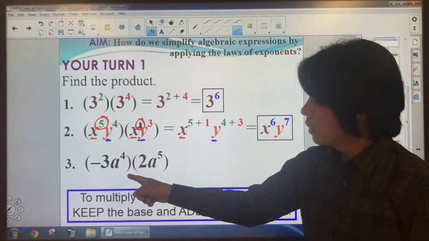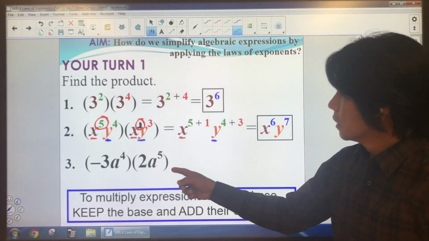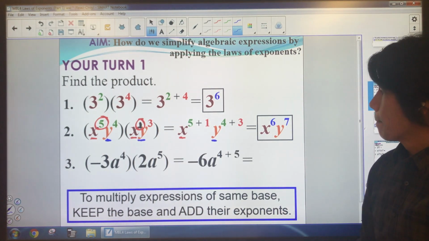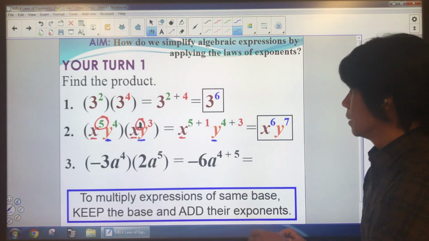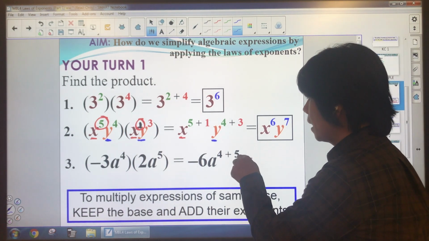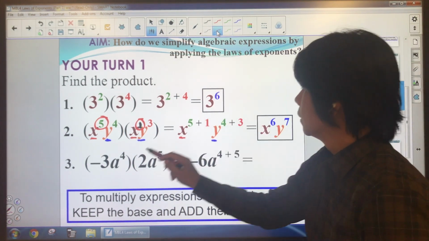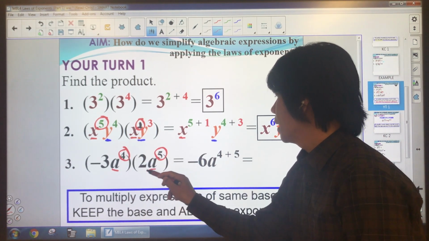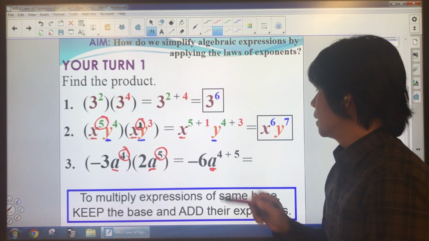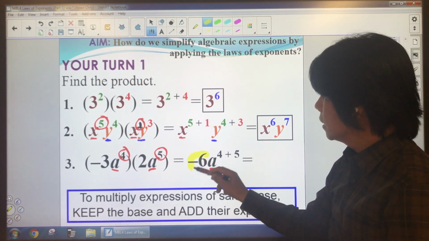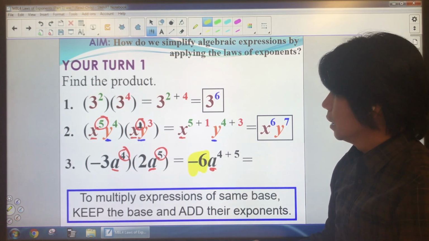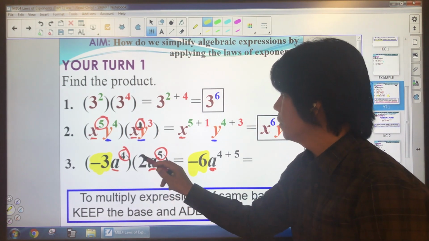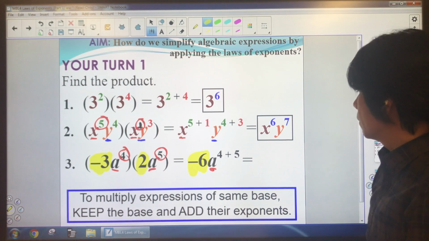Let's go over the third, and this is very interesting. So, take a look at the first work. So let's move backward. Where did I get this 4 plus 5 from? So you're adding 4 and 5 because we have the same base, right? Base A. Now where did I get this negative 6 from? You just simply multiply the numerical coefficients negative 3 and positive 2.